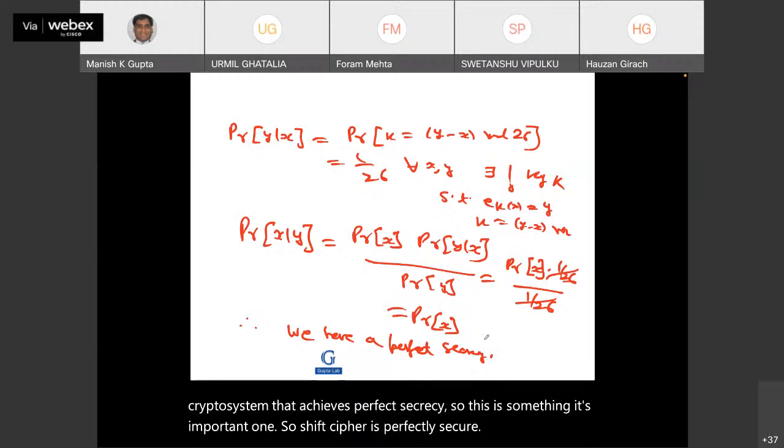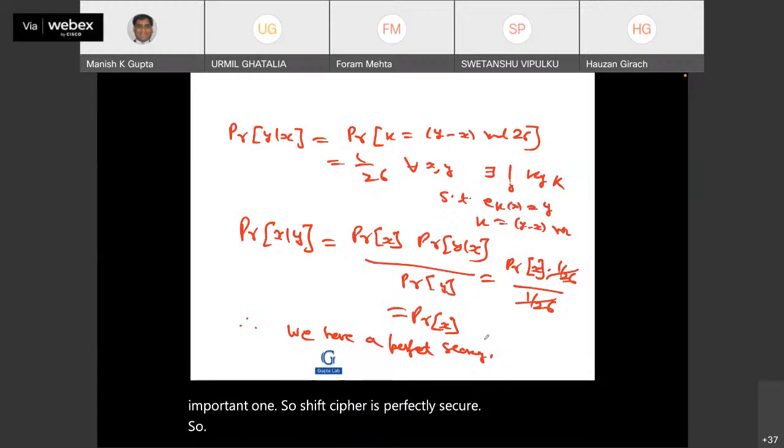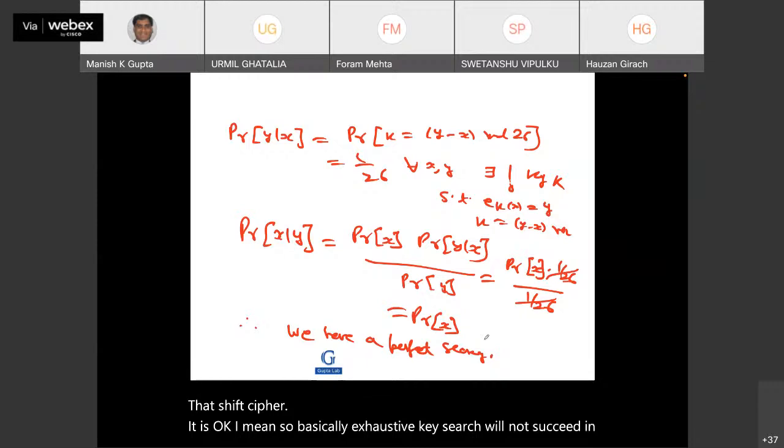Okay. So basically, exhaustive key search will not succeed in breaking a cryptosystem that achieves perfect secrecy.